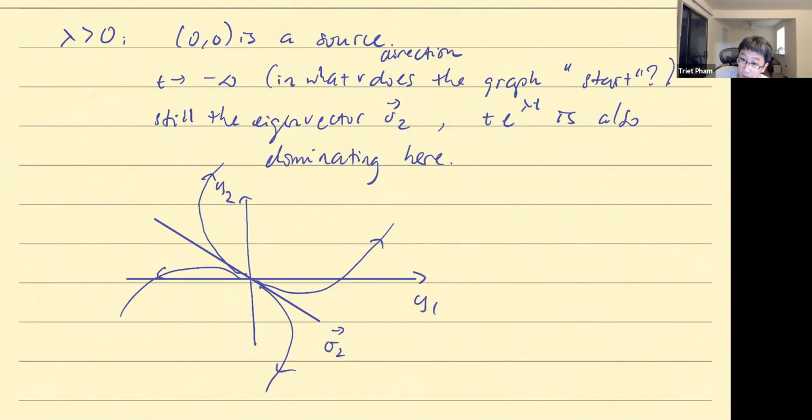But the message with the one eigenvector case for a 2 by 2 is that's the only direction that matters. The pseudo eigenvector is not a direction to begin with, and it's non-dominating because it's a term without a t. Any question here?